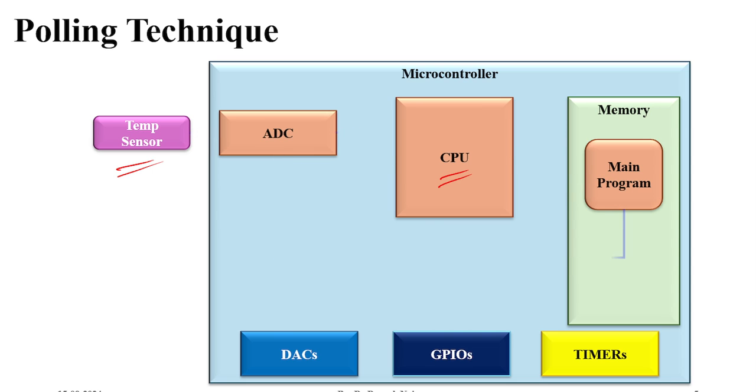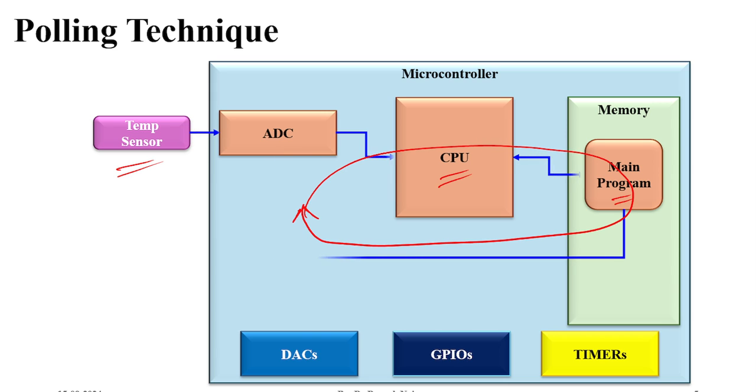For that, the CPU may use the main program, and the main program keeps reading the ADC values, so a feedback loop kind of thing takes place, as shown here. This keeps the microprocessor always engaged because it is always reading the ADC according to the main program. This is nothing but wastage of CPU resources, because the CPU is always busy reading the ADC value.